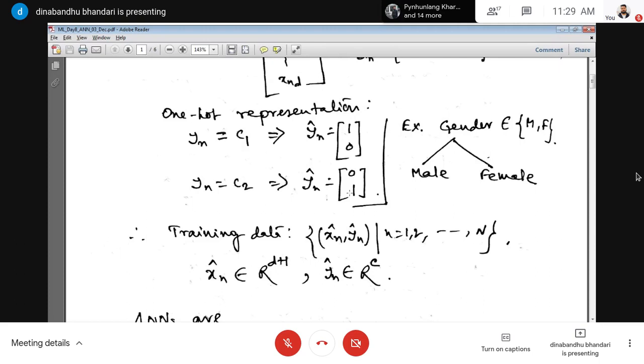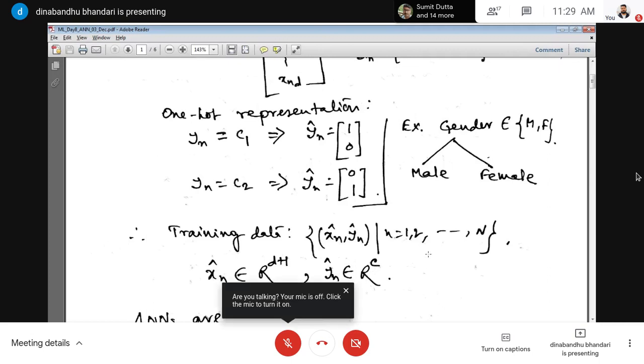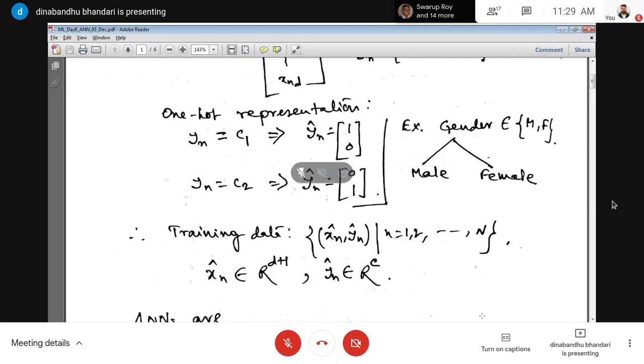So now the training set becomes like this to us. And we can always say Xn belongs to a D plus 1 dimensional real space. We are very much familiar with that now. And Yn becomes a point in the C dimensional real space. If it belongs to class 1, it would be 1, 0, 0, 0, 0. If it is in the Cth class, 0, 0, 0, 0, 1, like that. So now the training data is something like this.